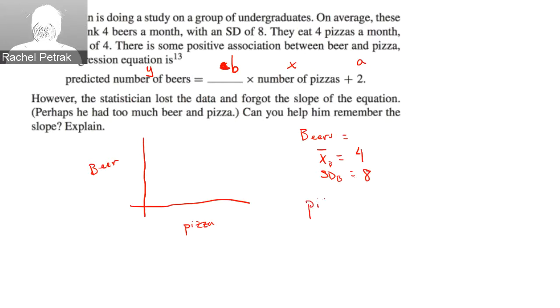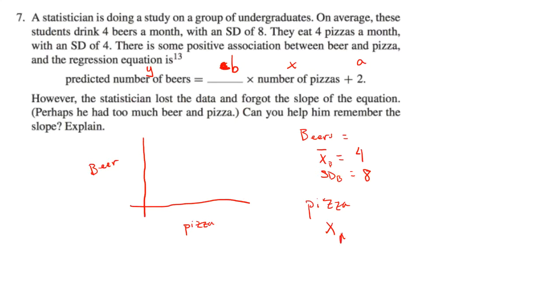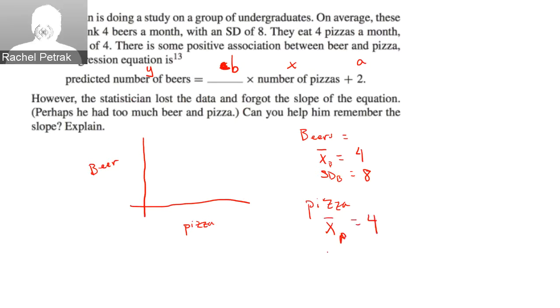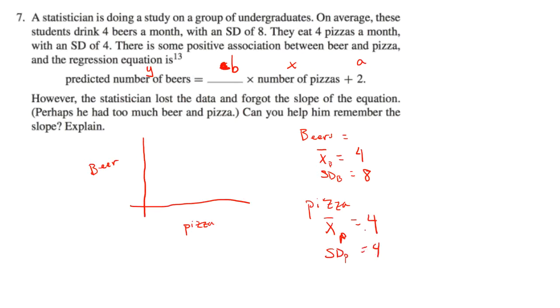And our pizza was 4, and the standard deviation for pizza is 4. So our average for pizza is 4. We know that's 4 here.